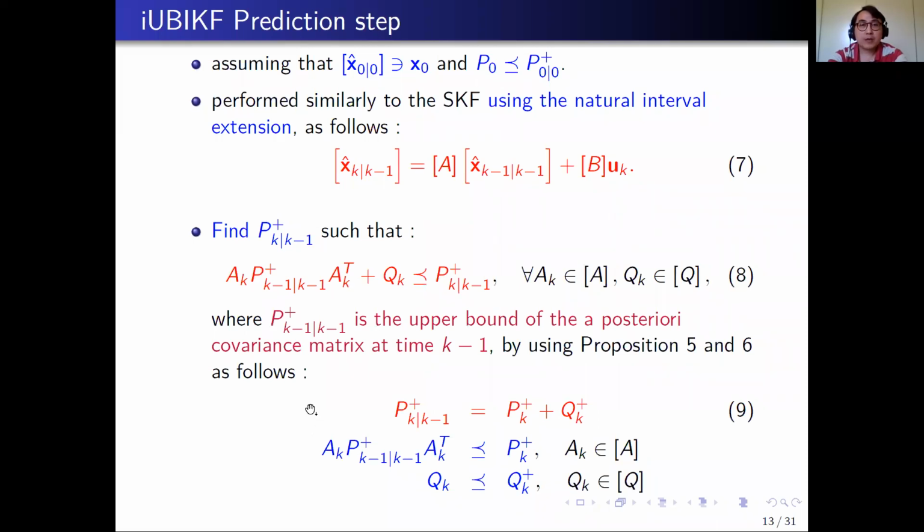Using proposition 5, we get the upper bound of the first term, and using proposition 6, we get the upper bound of the second term. And the matrix P plus k|k-1 is determined by the sum of the two upper bounds.